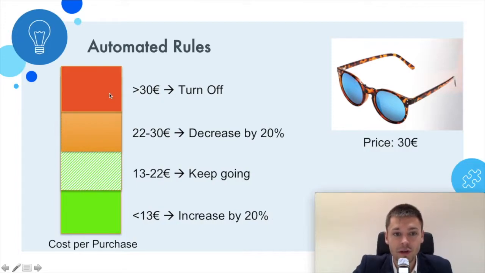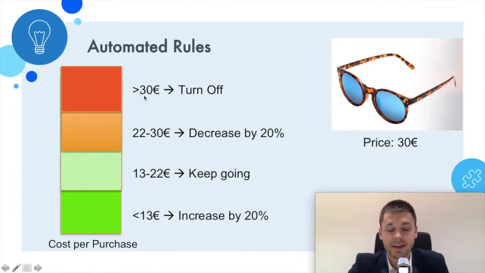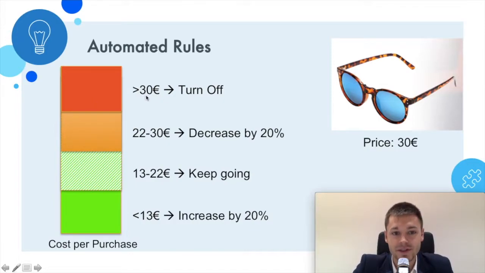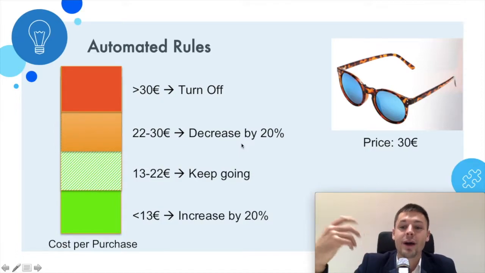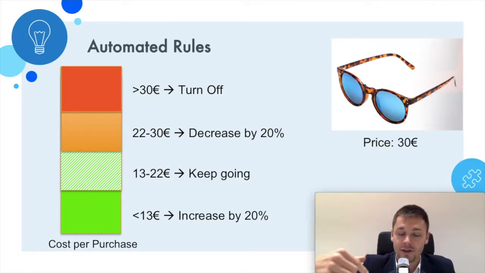However, coming back to those 4 scenarios: red, very bad, where the cost per acquisition is higher than the final sales price. That's of course not good. Let's say, for example, it's between 22 and 30. It's not good at all, but maybe it's in prospecting to acquire new customers who then convert in remarketing, so I can probably still give it a chance, but I want to decrease the budget in that one.